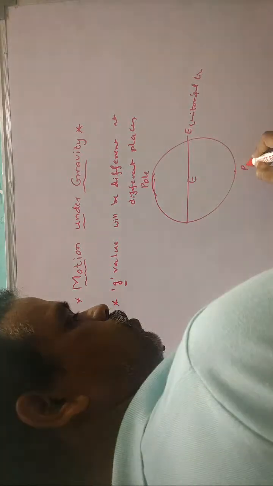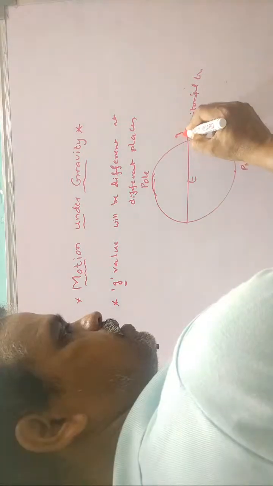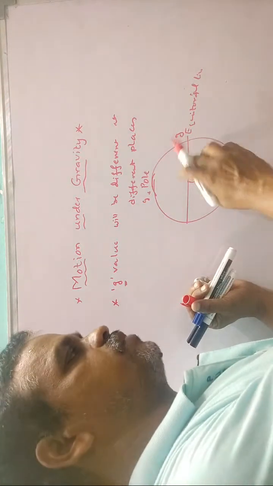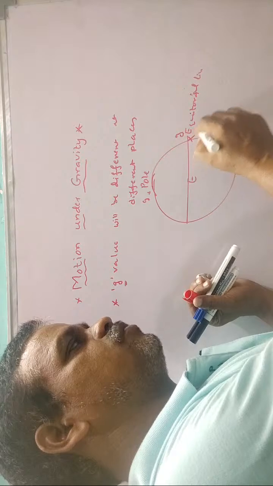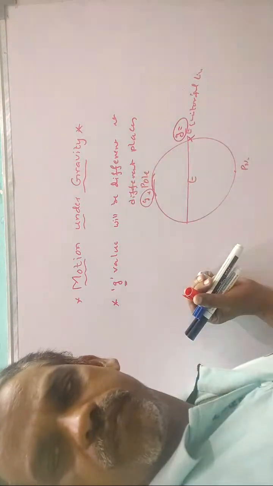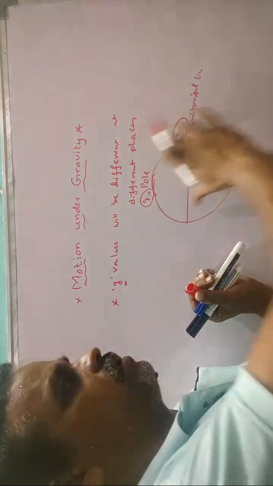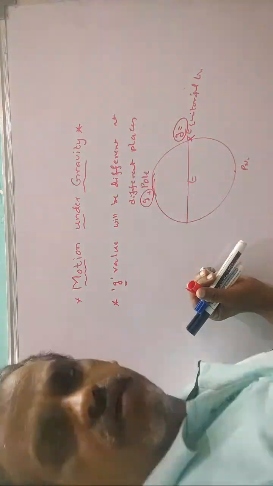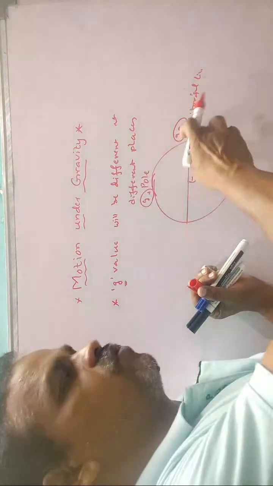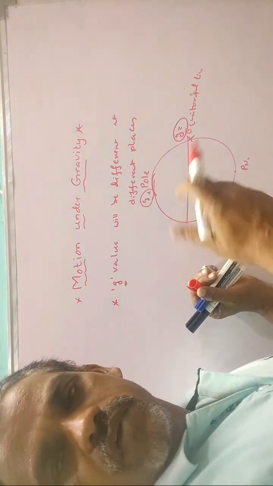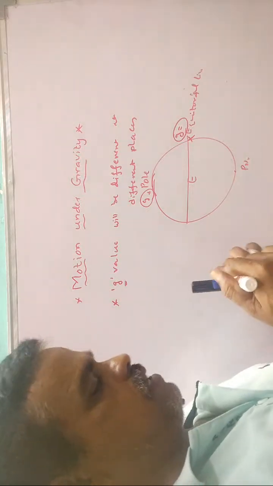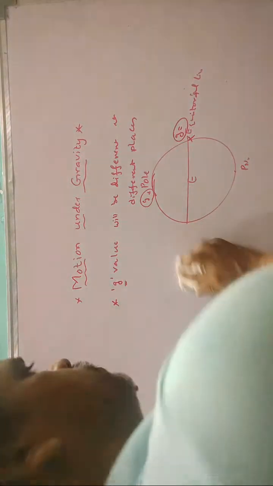Here also a pole. So the G value is different here and different here. On the equatorial line, the G value is somewhat different compared to the pole. So the G value changes on the earth according to different places. This is a small piece of information I am giving to you. Next, I will go to one more topic.